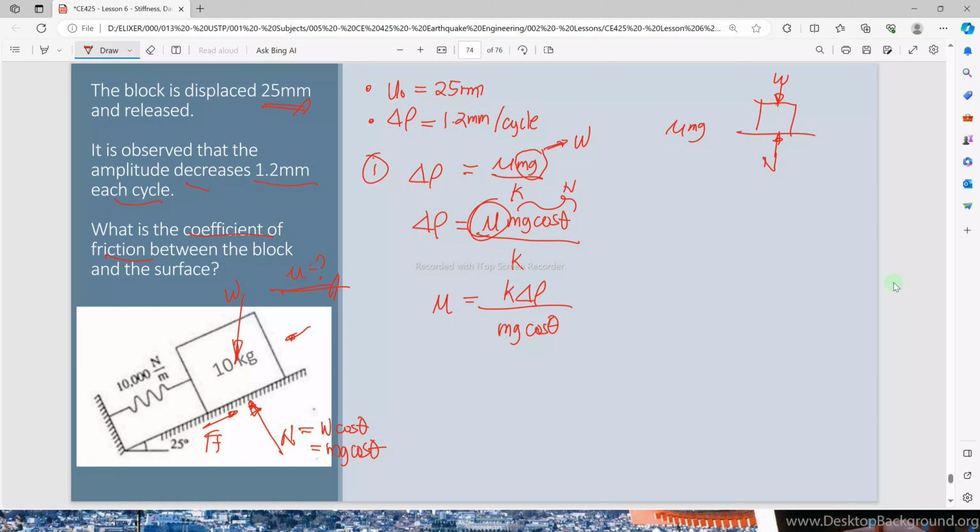So that is just equal to 10,000 newton per meter times 1.2 millimeter reduction per cycle over the mass, which is 10 kilograms, times 9.81 meters per second squared, then cosine 25 degrees.